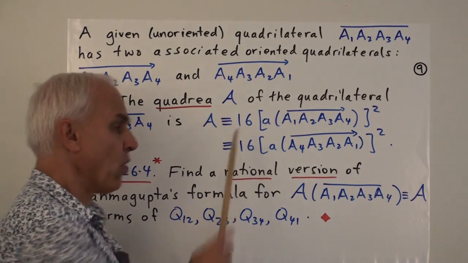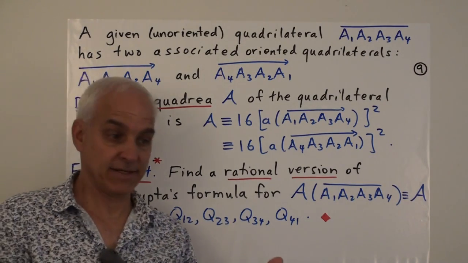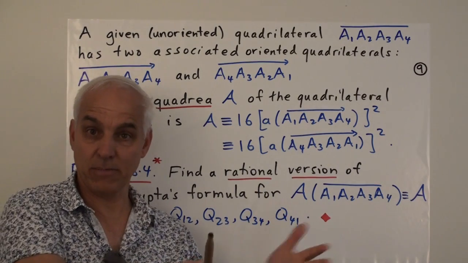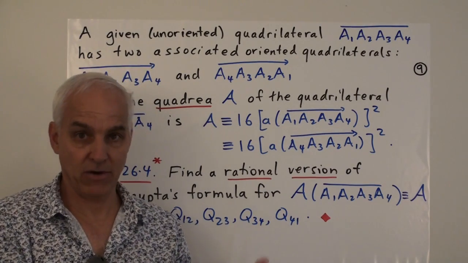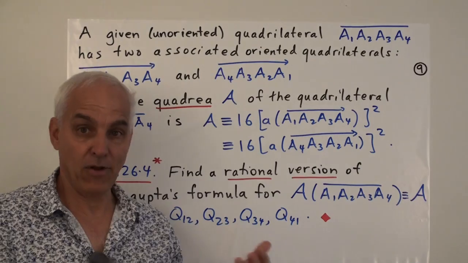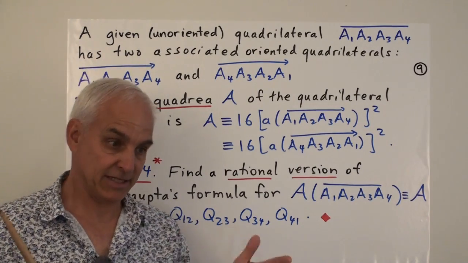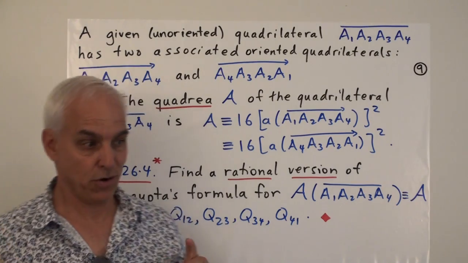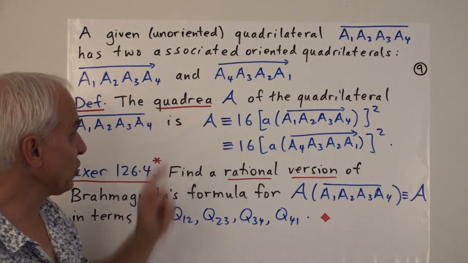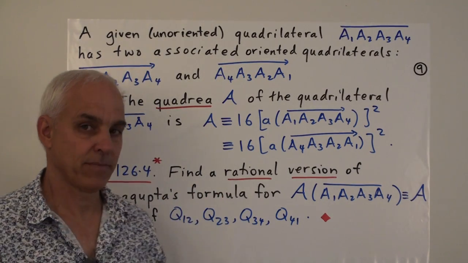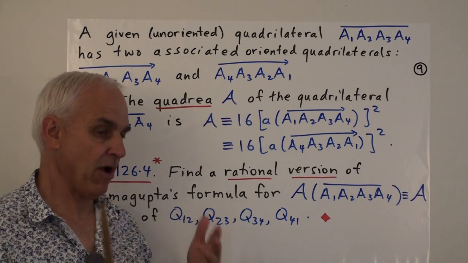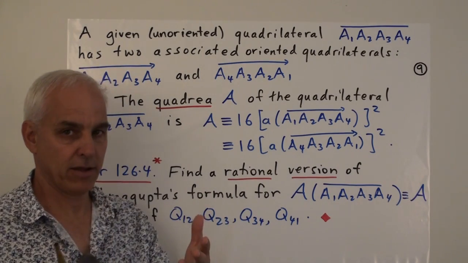The 16 is only here because we've seen that that 16 occurs in Archimedes' formula, essentially Heron's formula, and also in Brahmagupta's formula. There seems to be something special about 16 times the square of the area, so we're going to include it here in this definition of quadrea. And you should think of quadrea as being roughly quadratic area.